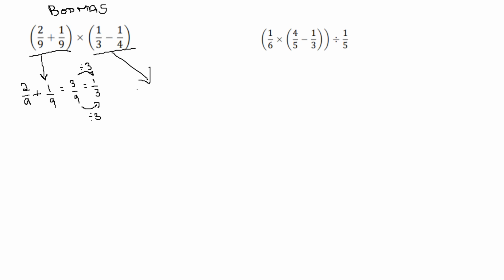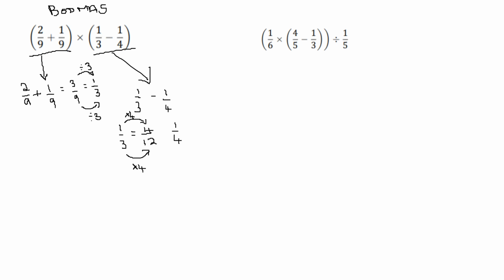So I've now got 1/3 take away a quarter. So my lowest common multiple of 3 and 4 is 12. So let's convert my two fractions into equivalent fractions with a denominator of 12. So 3 times 4 is 12. So I'm also going to multiply the numerator by 4, and that's going to give me 4/12.